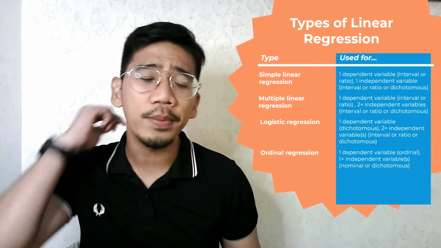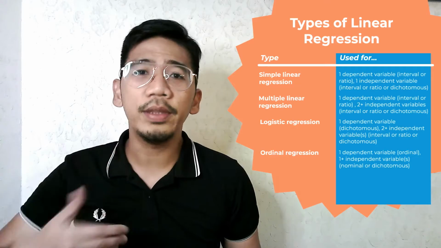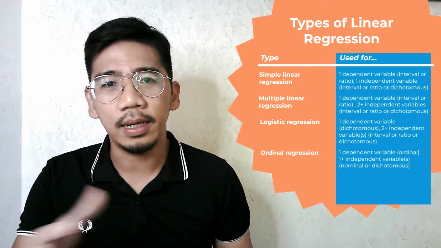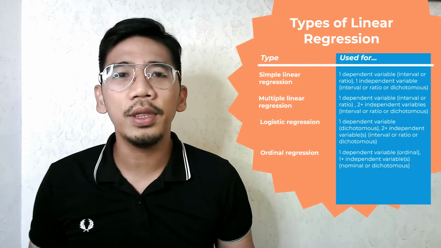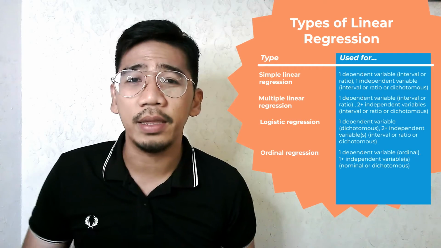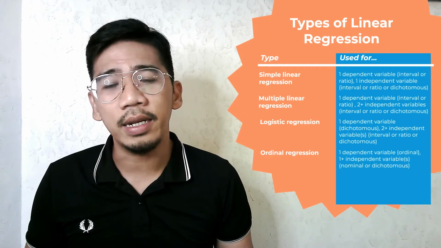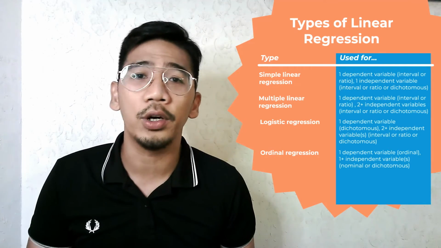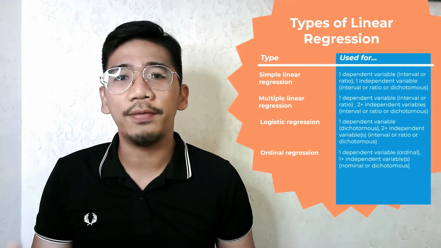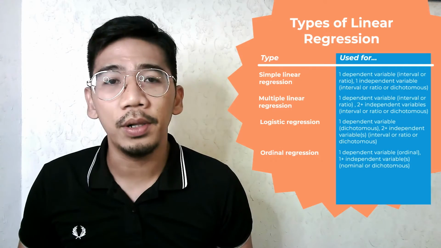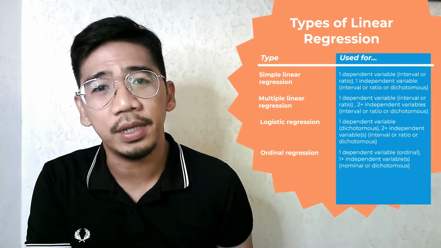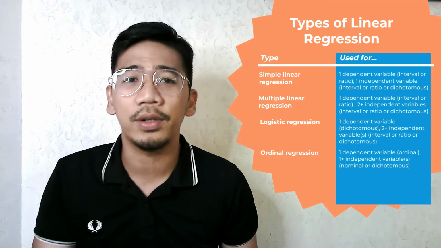There are other forms of linear regression such as multinomial regression, where you have one dependent variable that is nominal in nature and one or more independent variables that are either interval, ratio, or dichotomous. And then we have discriminant analysis, where you have one dependent variable that is nominal in nature and one or more independent variables that are either interval or ratio.